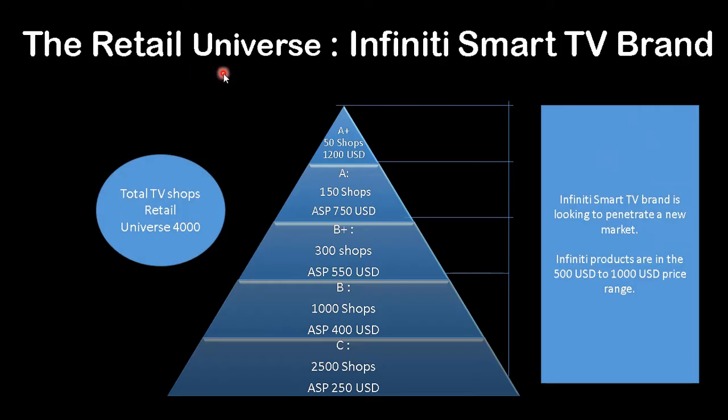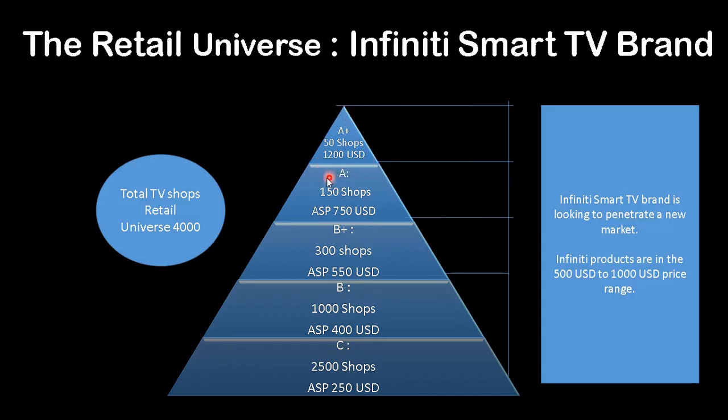Let me give you guys an example so you can understand better the retail universe segmentation. Infiniti Smart TV brand is a company looking to launch their product in a new market. By looking at the universe of this new market, we can see that the total TV shop retail universe is around 4,000 shops. When we've done the exercise, we've seen that in this market there are 50 shops that sell at an average selling price of $1,200.